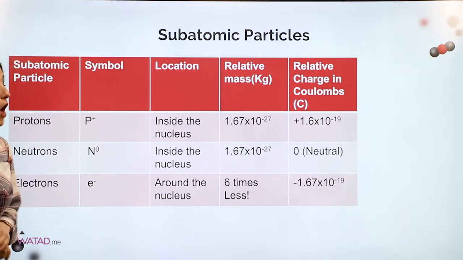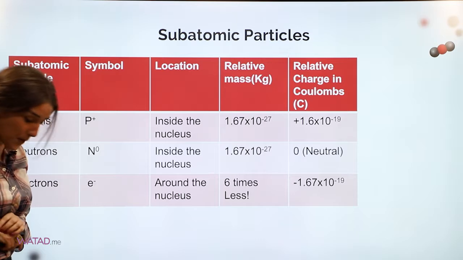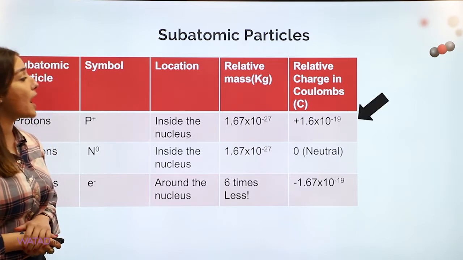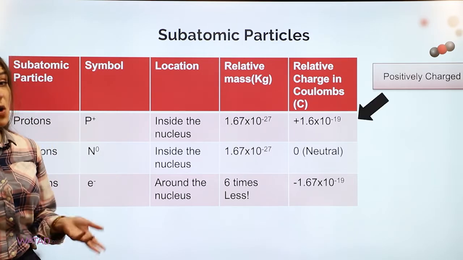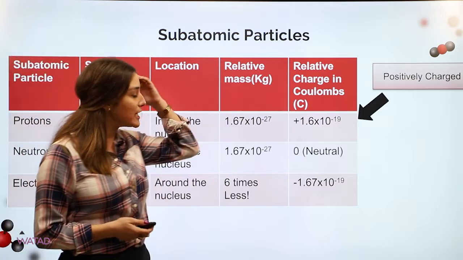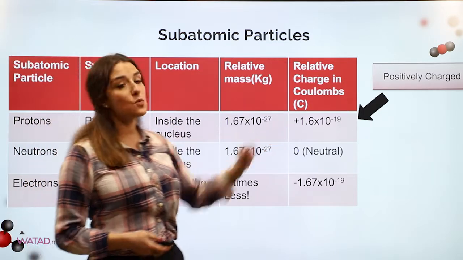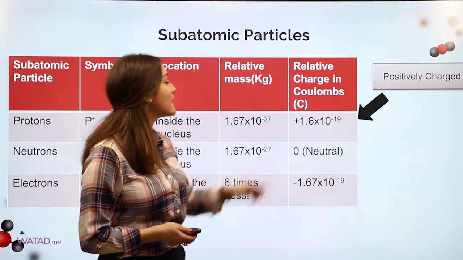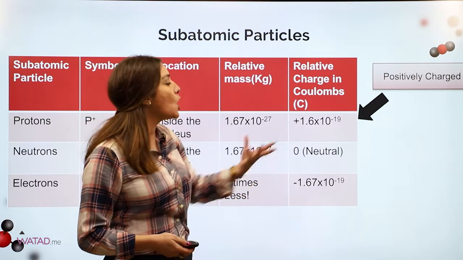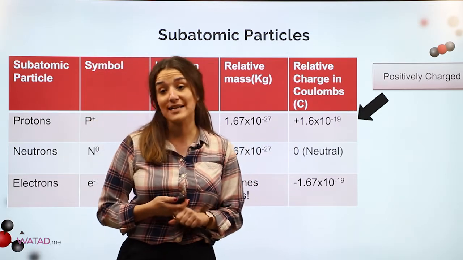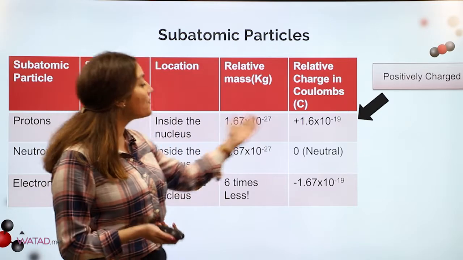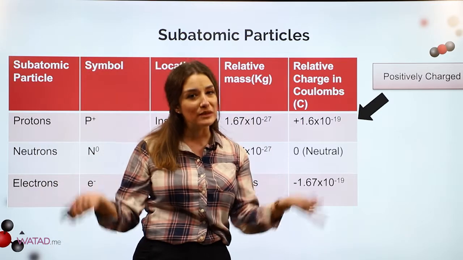Now, let's focus on the charge of these subatomic particles, starting with the protons. I'm sure you remember from earlier that the protons are the ones that have a positive charge. And you see that it's positive 1.69 times 10 to the power minus 19. Again, this number will be given to you, so you don't need to memorize it.